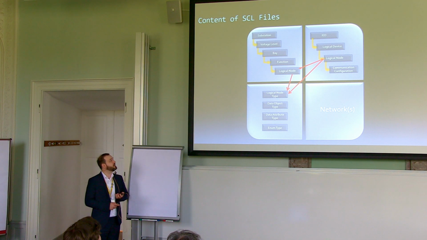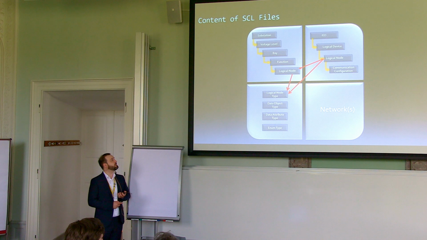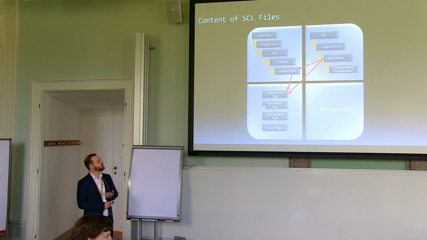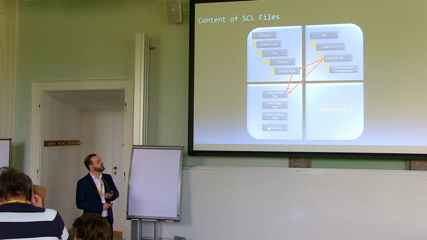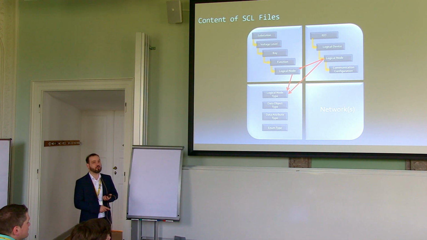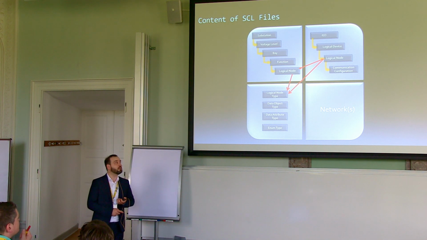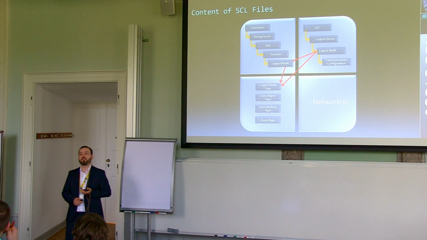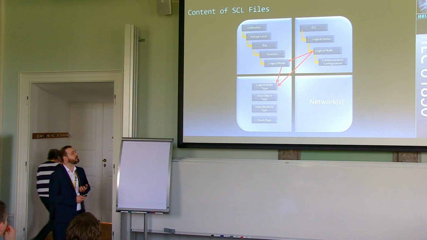The contents of these type definitions contain other type definitions. You have the data objects, and those contain data attributes. And you may also use enumerations. All of these need to be present in the data type section. This is a universal rule that is present for all file types.